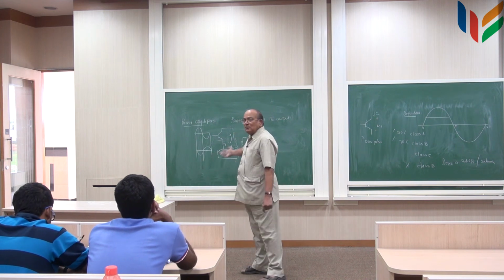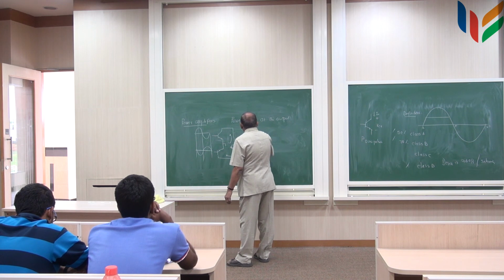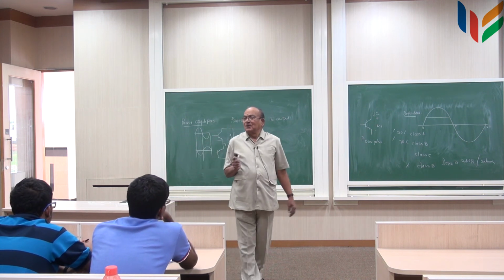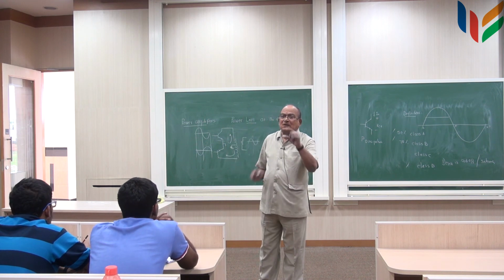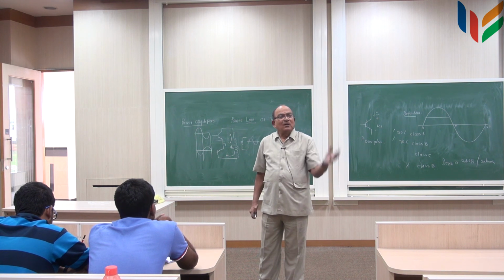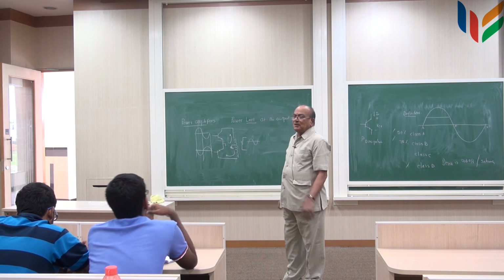One going this way, one going that way. So, what I get here is a full sine wave. See the ingenious trick they have played: although each device only operates for half the cycle, you obtain a full cycle by using this transformer coupling at the output.